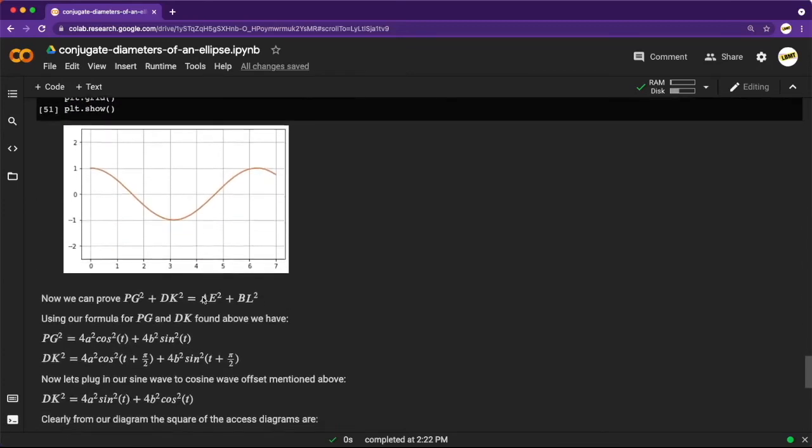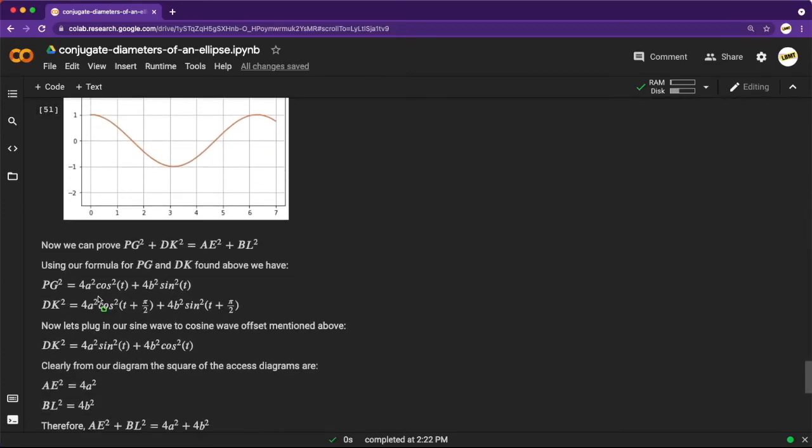So that means down here we can take this guy here and turn him into this guy here, and vice versa, we can take this guy here and turn him into this guy here, which is great. Now our parameters are starting to look like each other, and maybe we can factor things out to get that 1. So we have PG squared equals this expression, and DK squared equals this expression. So that's pretty useful.